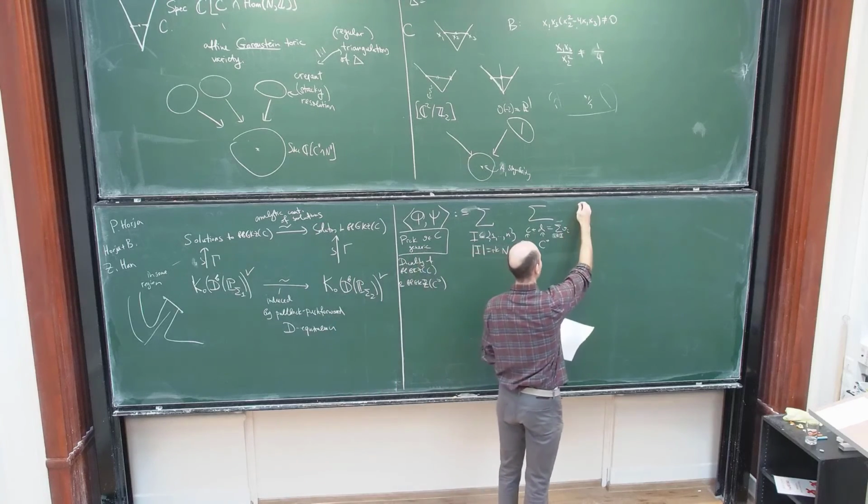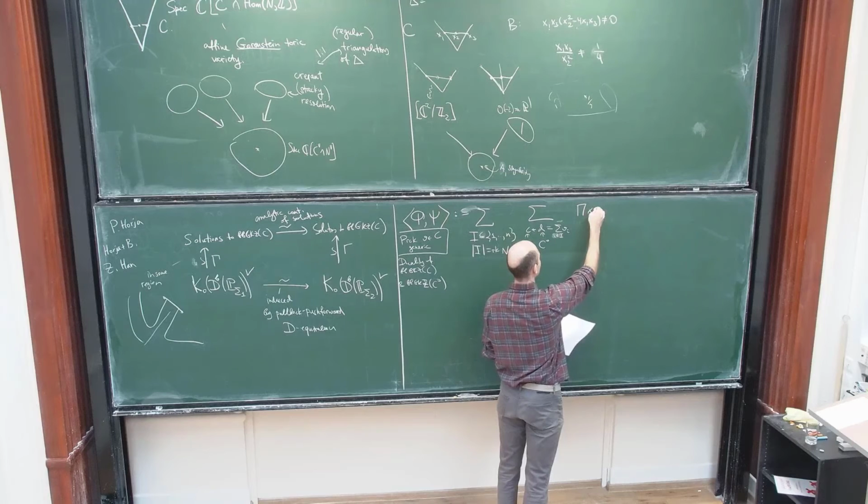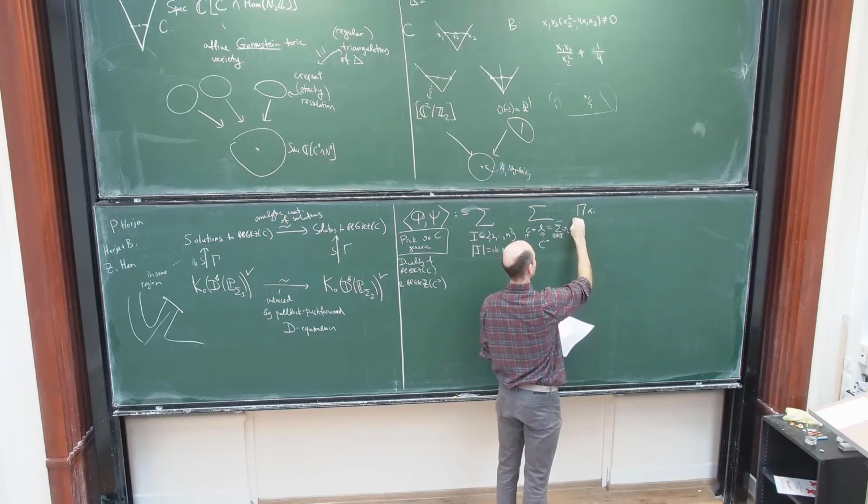Now here I'm going to have a product of x_i for i in this set.